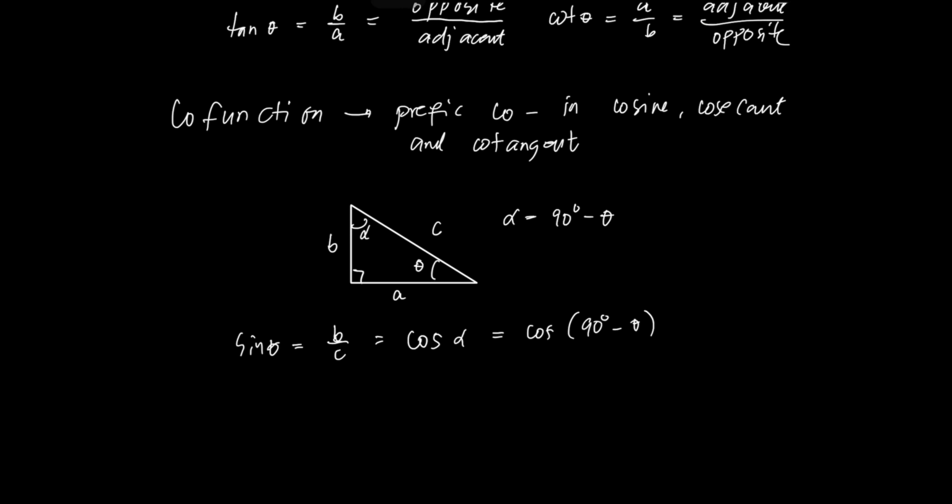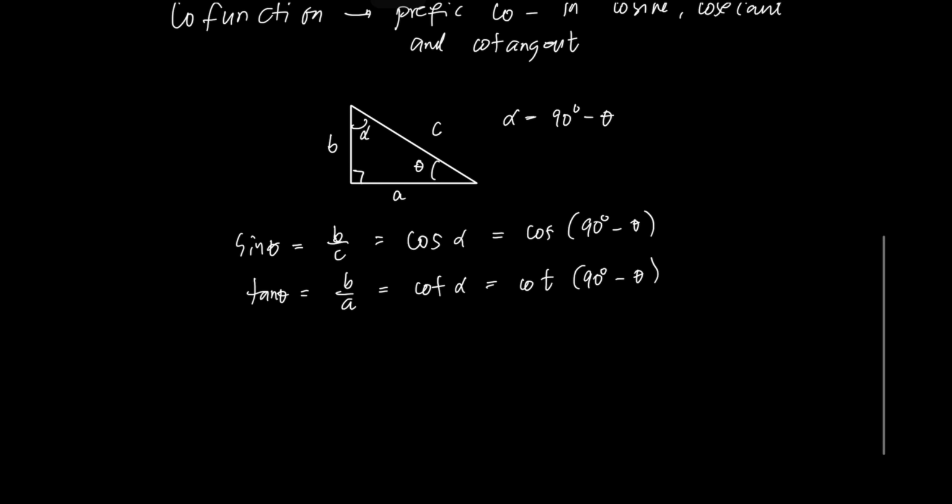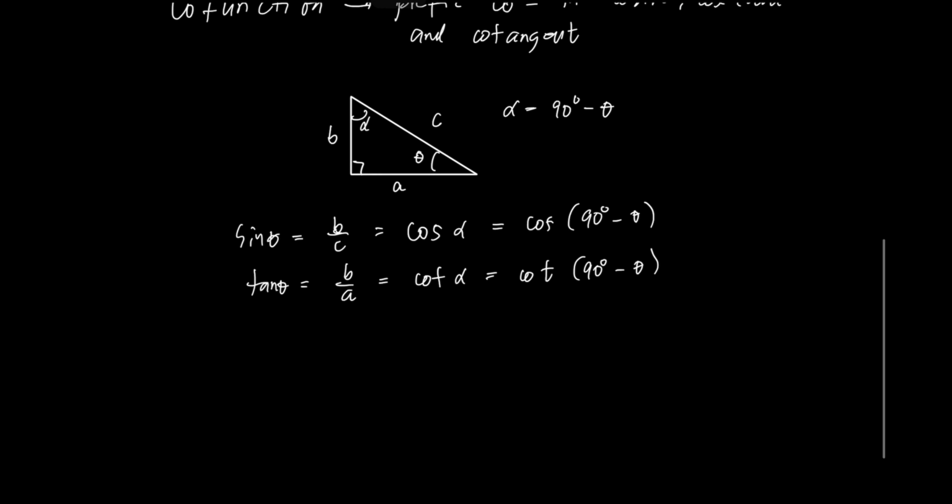Also, the tangent theta, which is B over A, is the cotangent alpha, which is the cotangent of 90 degrees minus theta, and so on. So we can continue this same approach.